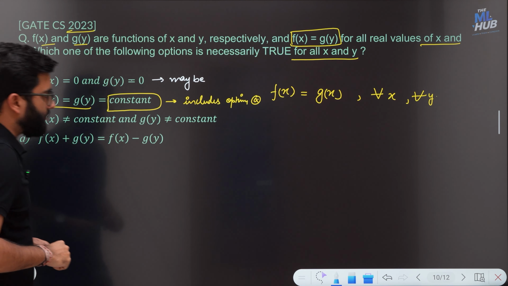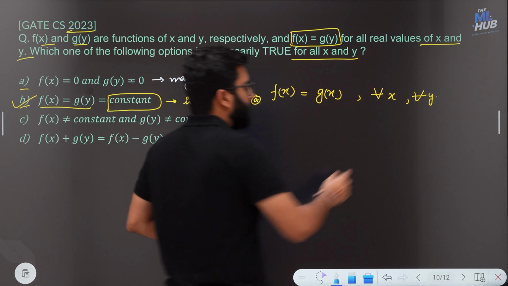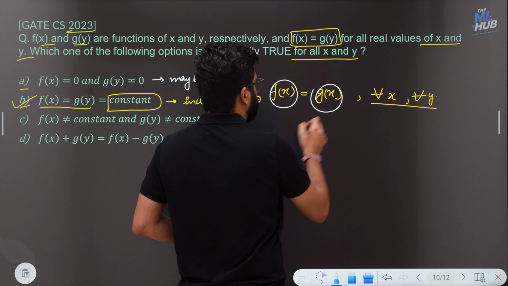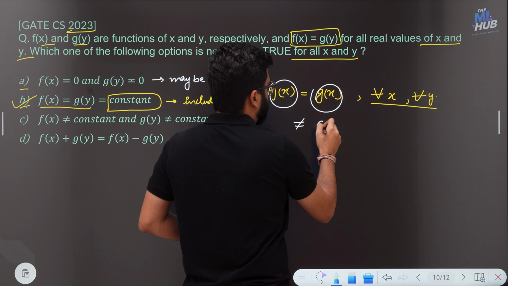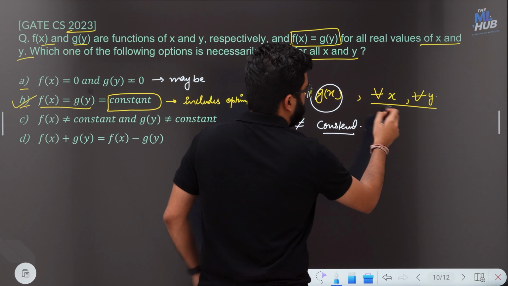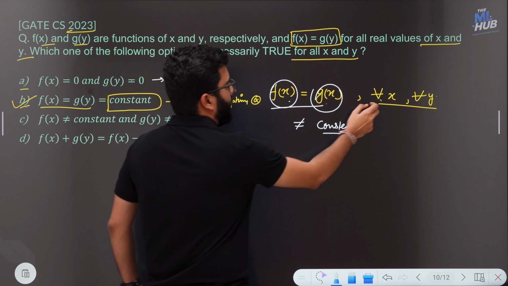So this is true for all x and for all y. If you take anything for f of x and g of y for which it is not a constant, then you can't say that this equation holds for all x and all y.